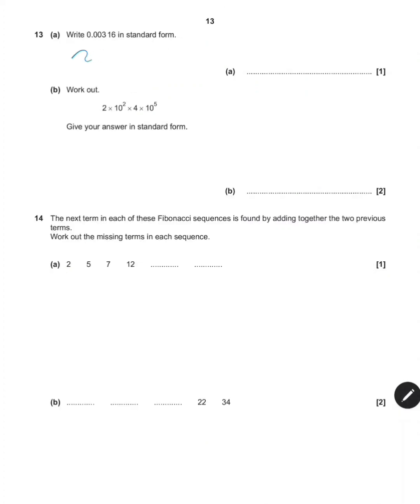Question 13. We're looking to write 0.00316 in standard form. Well, I need to take this 3, 1 and 6 and make this a number that's bigger than 1 but less than 10. So I'm looking to put a decimal point somewhere. It's going to go there. 3.16 is now bigger than 1 but smaller than 10.